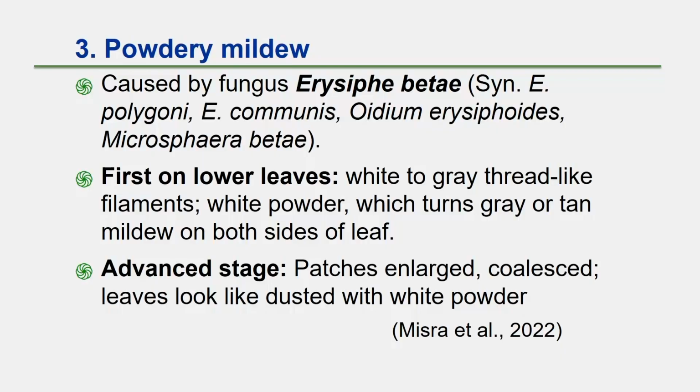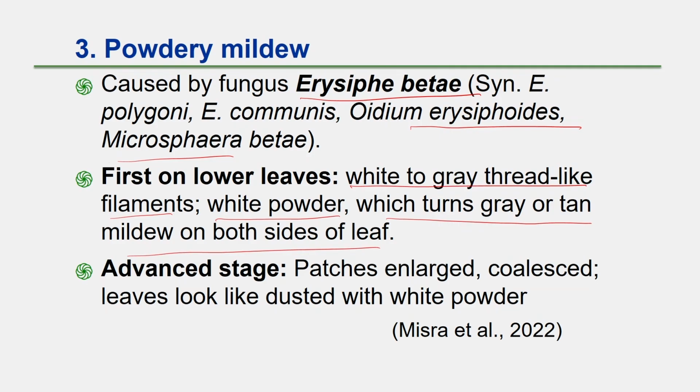Now, the third disease is powdery mildew caused by the fungus Erysiphe betae, and the synonyms are E. polygoni, E. communis, Oidium erysiphoides, and Microsphaera betae. First on lower leaves, white to grey thread-like filaments, white powder which turns grey or tan, mildew on both sides of the leaf.